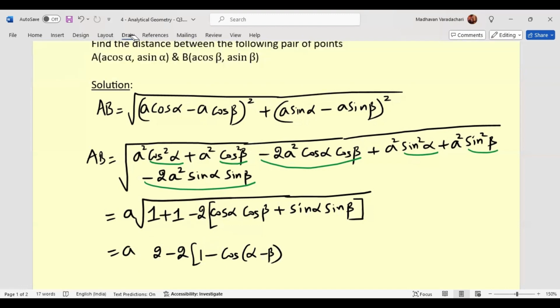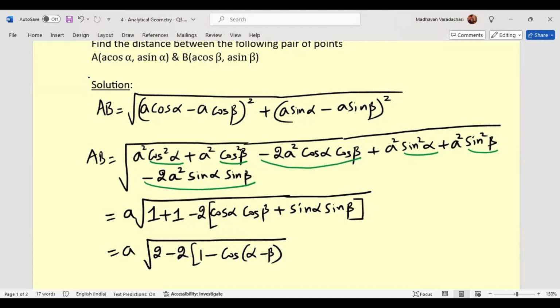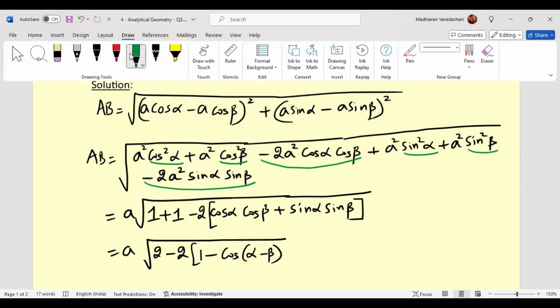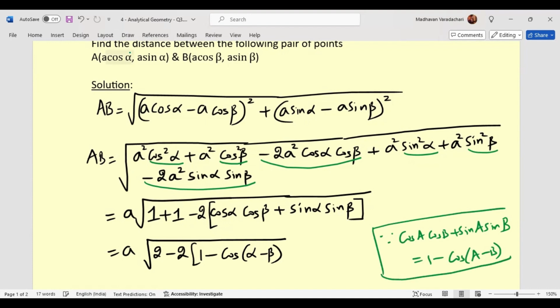Let me put a square root for this. And let me write, since cos A cos B plus sin A sin B is equal to 1 minus of cos of A minus B. So based on that, we wrote this.